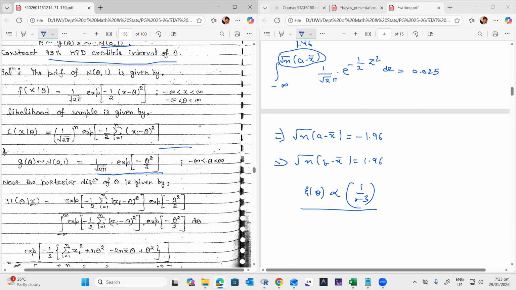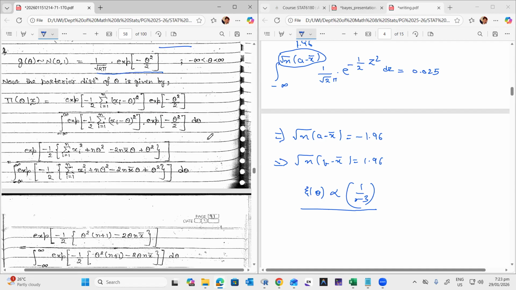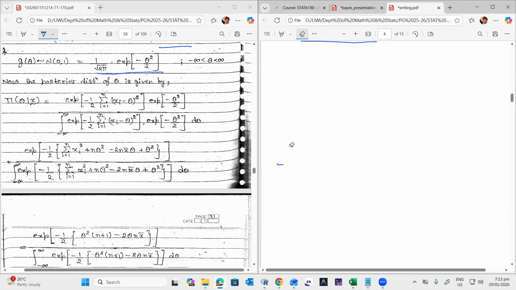So it will be theta square by 2, a standard normal distribution. So now we will find the posterior density function. You already know the formula of the posterior density function.